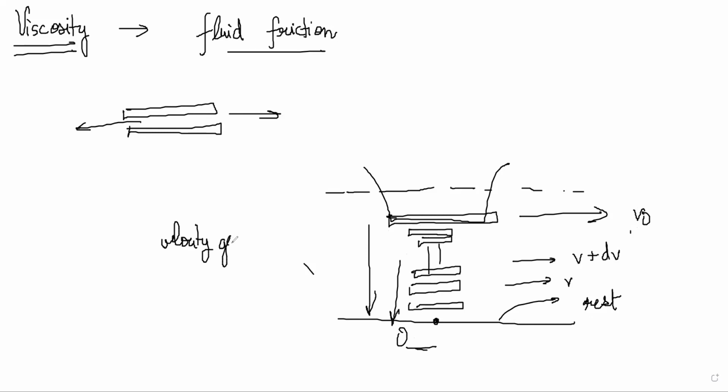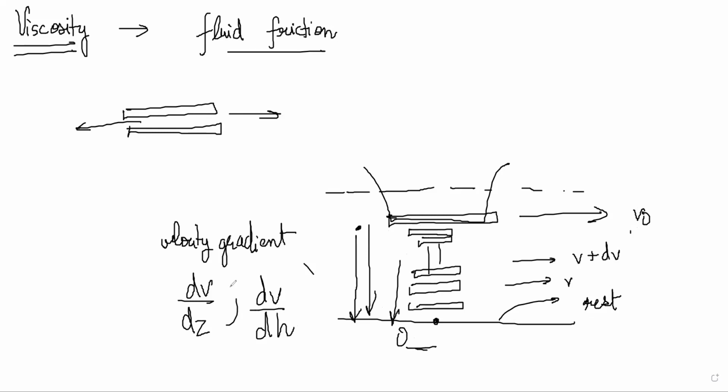Velocity gradient means basically dv by dz, or dv by dh also you can write. How fast does velocity change from this point to this point? Velocity is going to be diminishing with height.